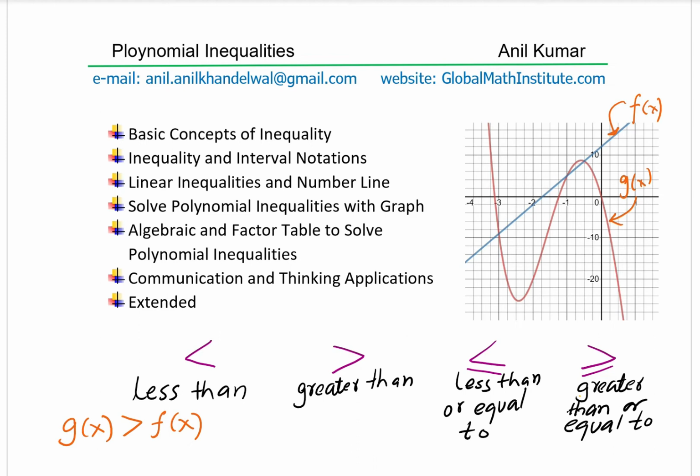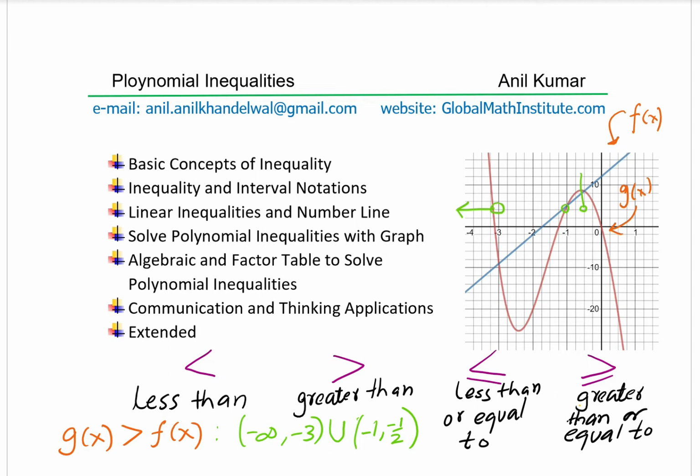You can note that this cubic function is greater than the linear function in the region on the left side of -3, or in between these two values. You get the idea. So only in this interval, not including these values.